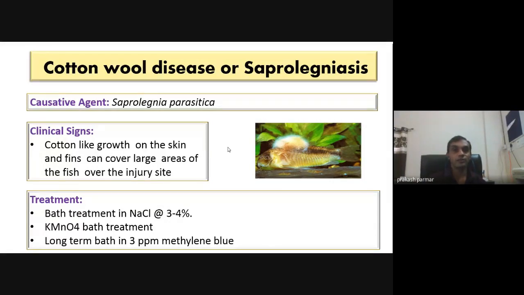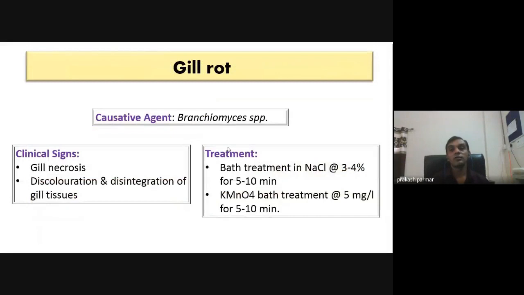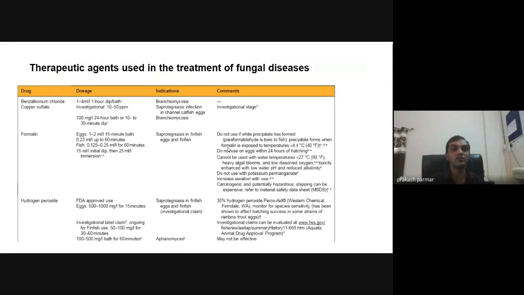Then Branchiomyces affects the gill portions basically, and it causes gill necrosis, white patches on the gill, and mucus secretions and discoloration in the gill tissues. Treatment here is a bath treatment with salts and Kamdhenu treatment, the common treatments used to eradicate the fungus.